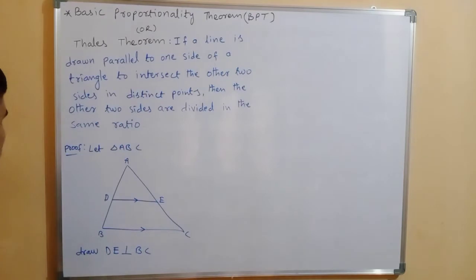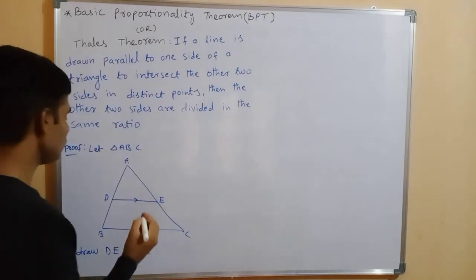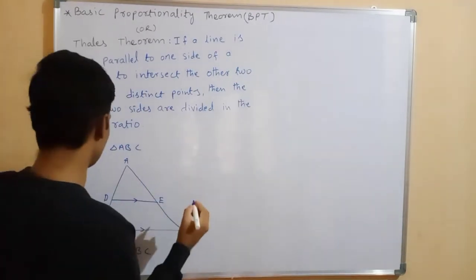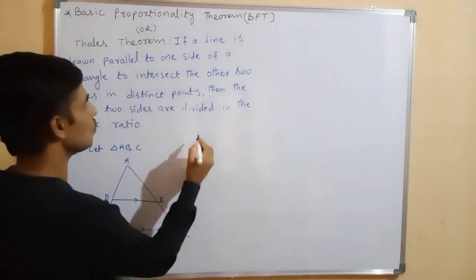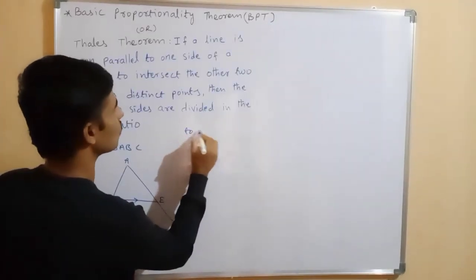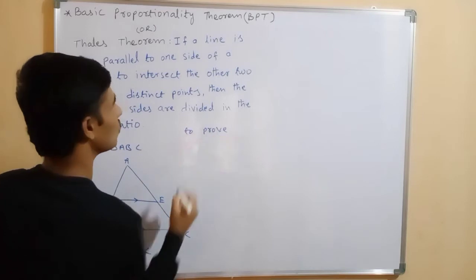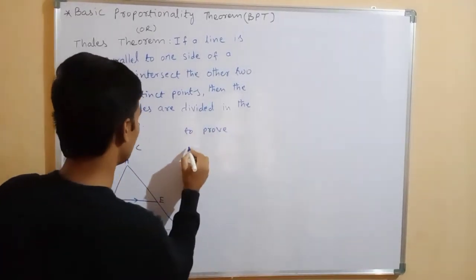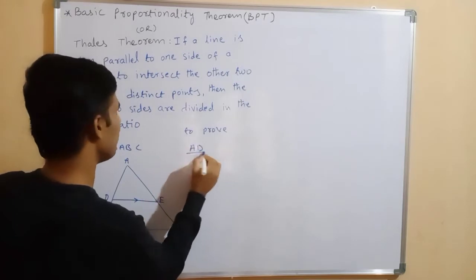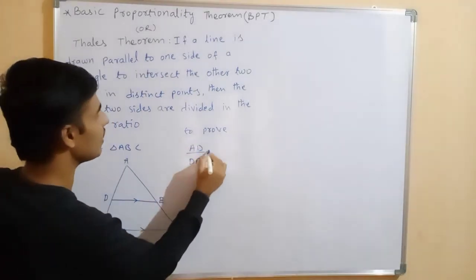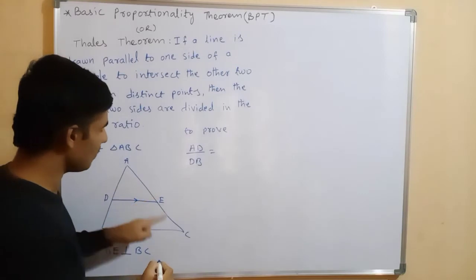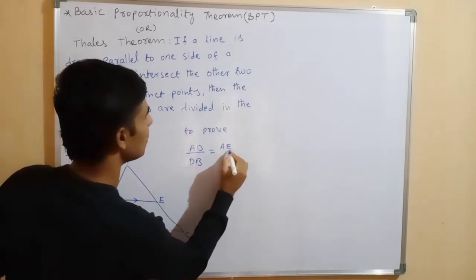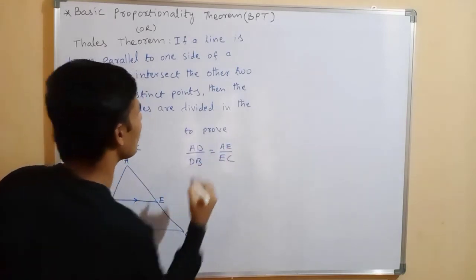What do we have to prove? To prove: AD by DB equals AE by EC.